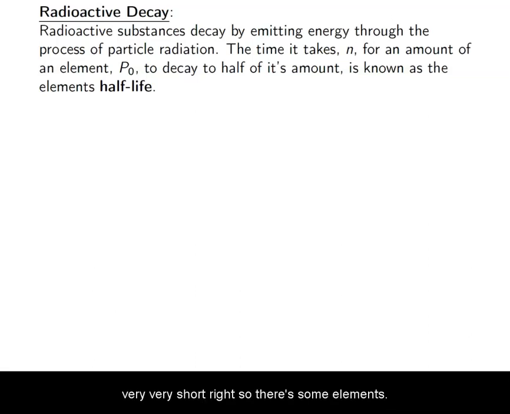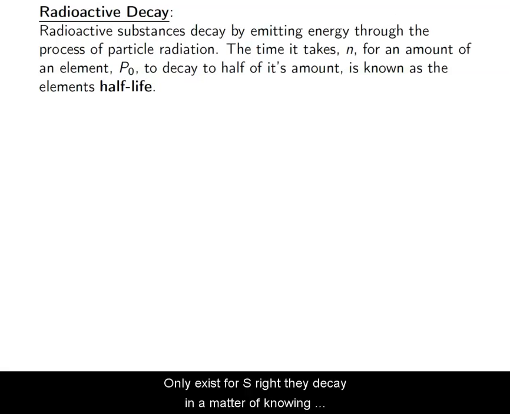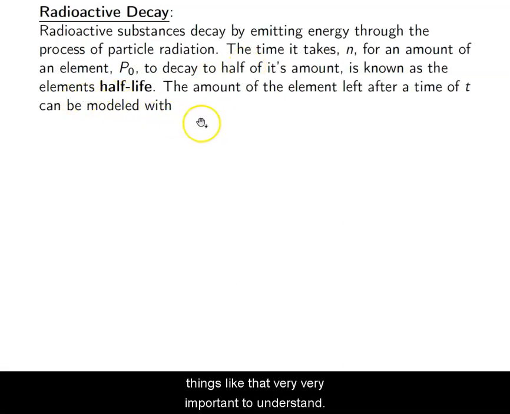Some elements only exist for seconds, decaying in the blink of an eye. Some take thousands of years to decay to half of their amount. So half-life is very important. It's how we are able to date things and how we run atomic clocks. Very important to understand half-life.